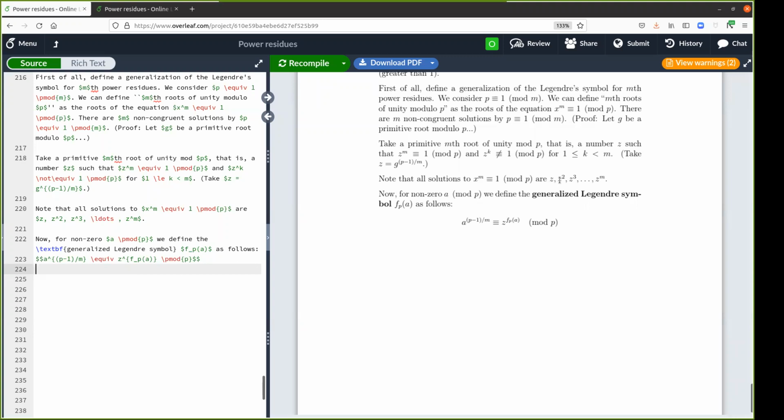And as we have noted, the solutions are powers of z. So we write that the power is f_p of a.